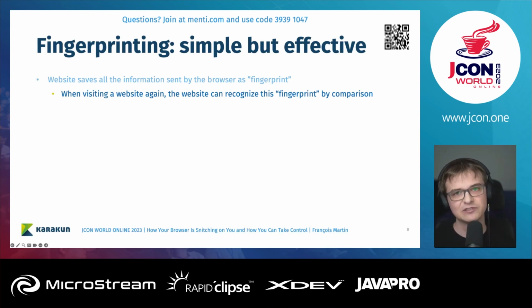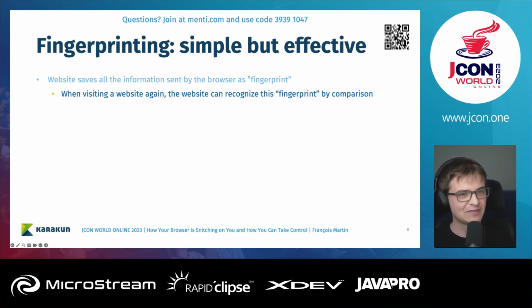And then once you visit the website again, the website can recognize this fingerprint by comparing it to existing fingerprints it has. And this way they can kind of recognize you. And of course, they probably need to do some rough matching, because maybe your resolution is not always the same, because maybe you're using a different screen at some point. This is, let's say, the tricky part about it.